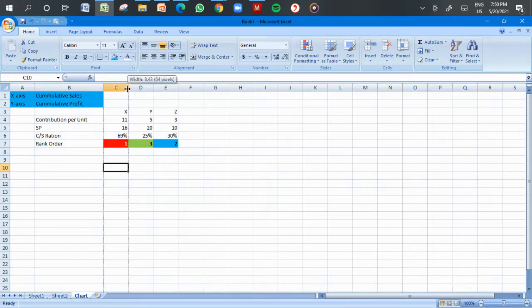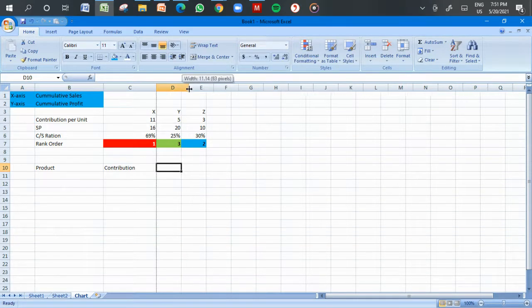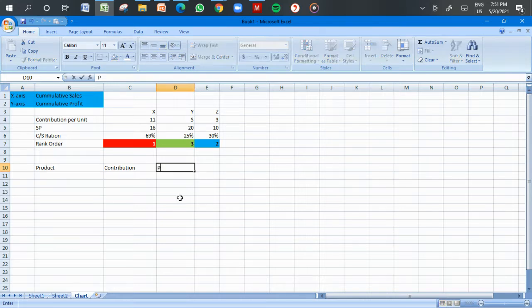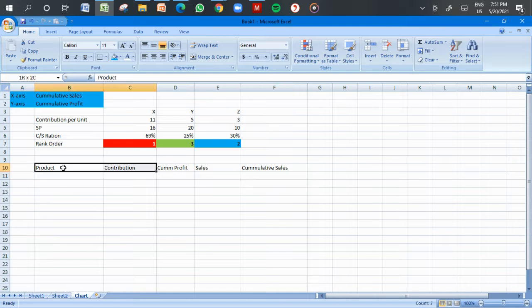To be safe, let's calculate first. Here we have our product, then second, our contribution for each product. Then here we will have our cumulative profit. Here let's put our sales, then cumulative sales. So we are able to construct this table.